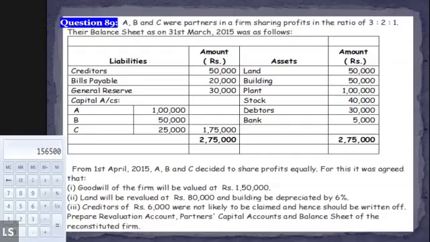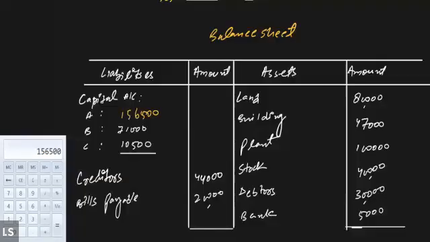Now moving on to the liability side, the value of the creditors has reduced by 6,000 since the 6,000 has been written off. So the new value of the creditors will only be 44,000. So on the liability side, you can see I have written 44,000 as the value of the creditors.